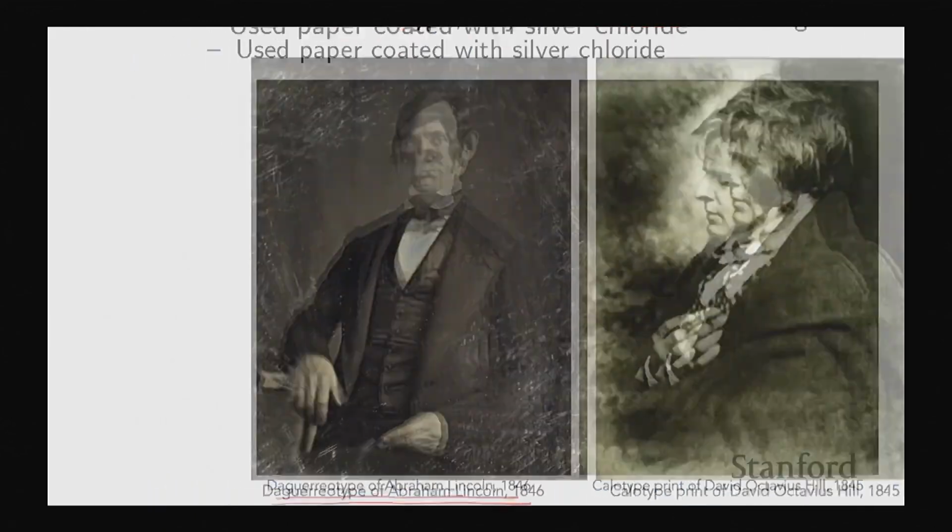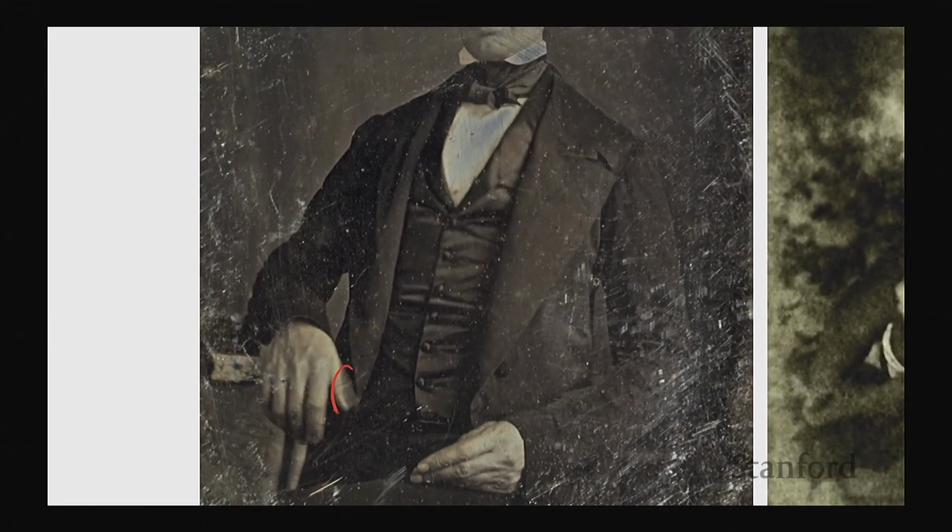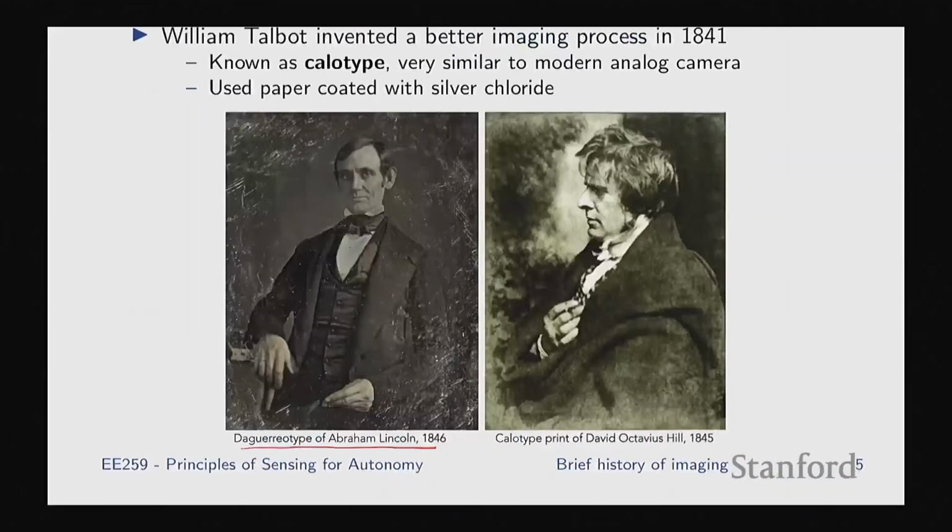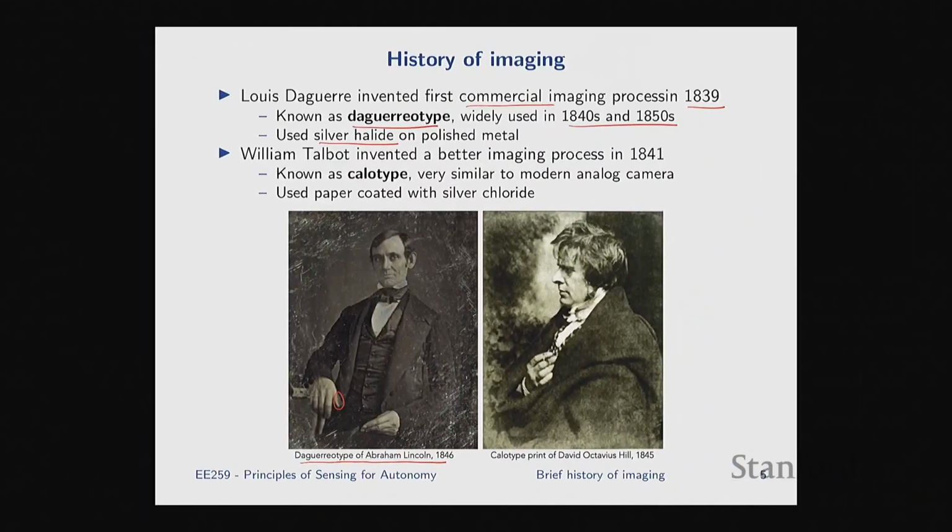In this picture you can see a bit of blurring on the thumb, which probably means Lincoln got a little impatient during the process. Nevertheless, it's an exceptional image. The problem with daguerreotypes is that you cannot make multiple copies. The original is on a piece of metal, and that's it. It's not reproducible.